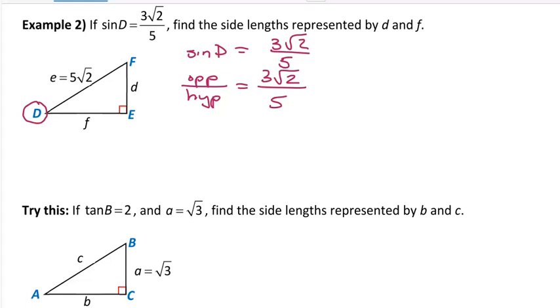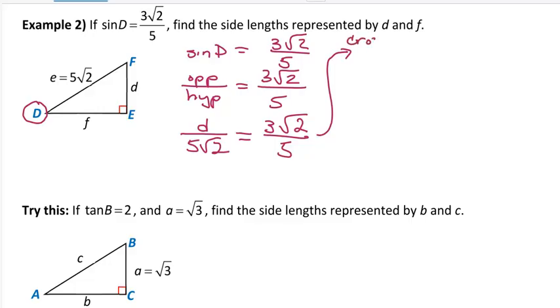So our opposite side to angle D is side d, and our hypotenuse is 5 times the square root of 2. And so what we wind up with here is a proportion where we can cross multiply. So once we cross multiply to solve this proportion, we get 5 times d is equal to 5 times the square root of 2 times 3 times the square root of 2.